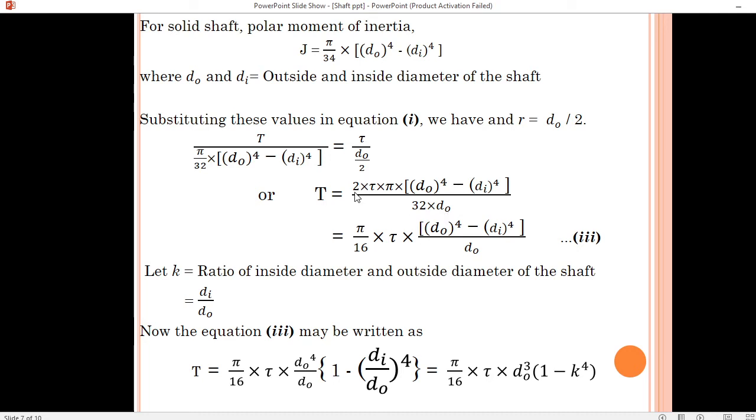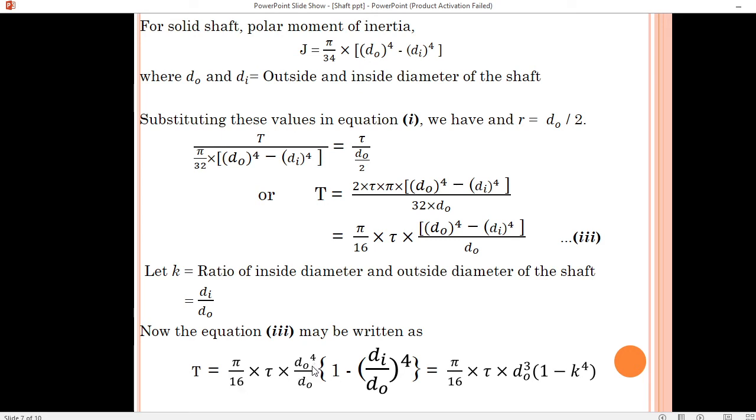So here once again, 2 ones are 2, 2 sixteens are 32. Next, d0 here remains as it is. Next, we will take k as the ratio of di by d0. Next, once again we are writing the equation pi by 16 tau.